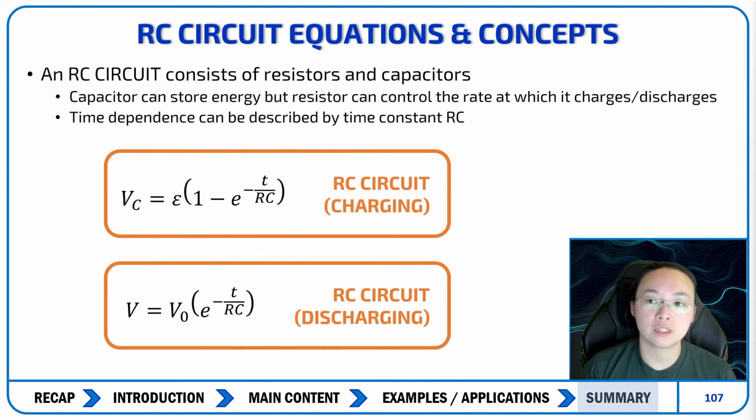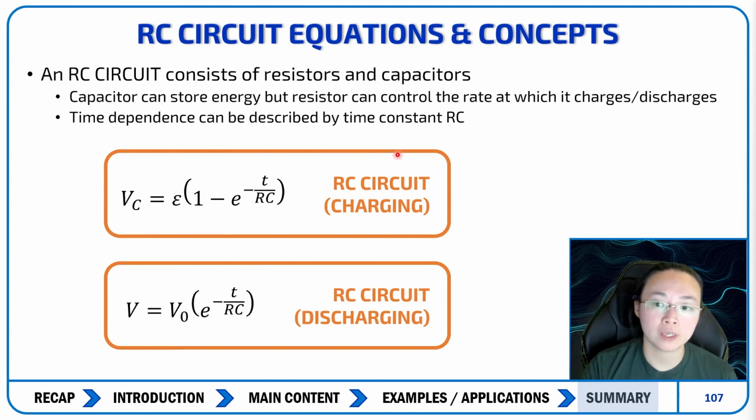RC circuit equations and concepts. An RC circuit basically consists of resistors and capacitors. Keep in mind, the capacitor can store energy, but the resistor can control the rate at which it charges and discharges. When you combine the two together, you have a time dependence that can be described by your time constant, RC. When we're taking a look at equations like this, we know that there are going to be two types.